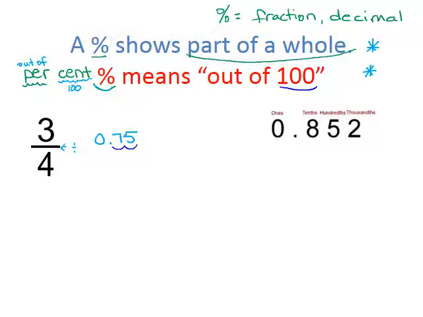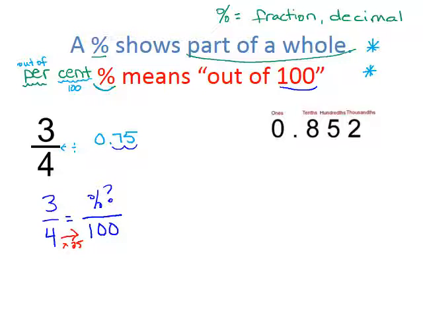2. The other way that we can think about this is 3/4 as a fraction. If we're going to turn that into something out of 100, we want to know what the percent is, right? So some unknown percent. You can say to yourself, well, what did they do to the 4 to turn it into 100? Well, they multiplied by 25.